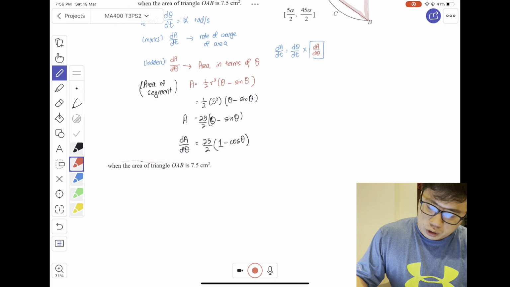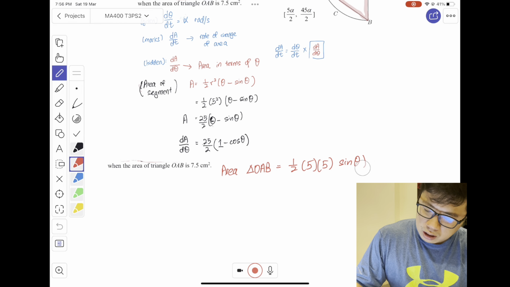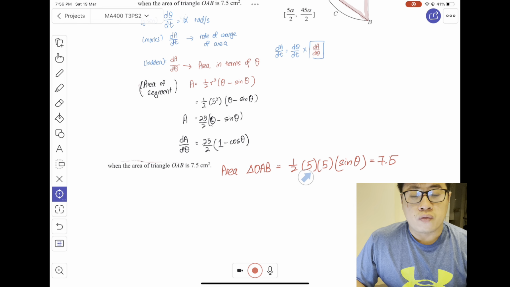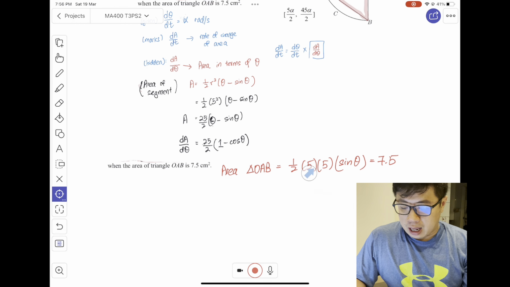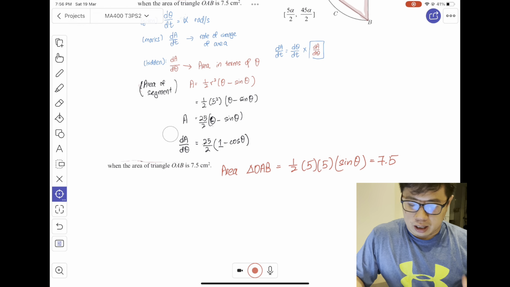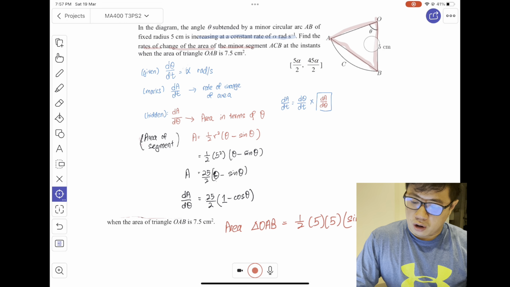Now, we know that the area of triangle OAB is also half ab sine C, which equals 7.5. This is just the area of a triangle, half ab sine C, and a and b here basically refer to 5, because they are the sides of the triangle.